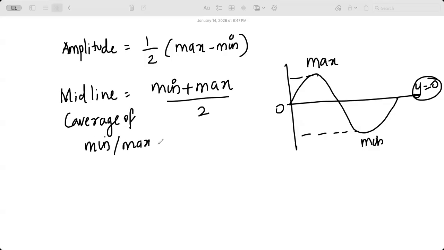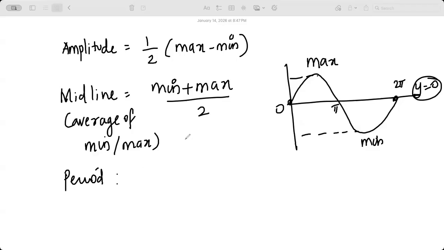Now, what is the period? How are we going to define the period? Let's say this wave starts at this point 0, then whenever it comes back to 0, in a sine wave that is 2 pi.